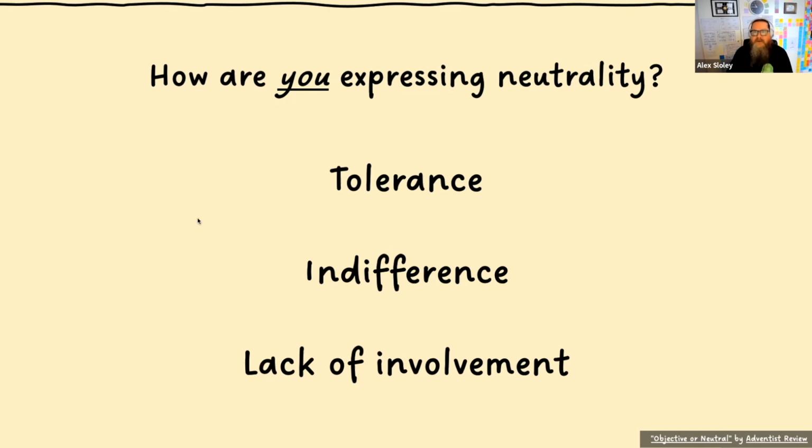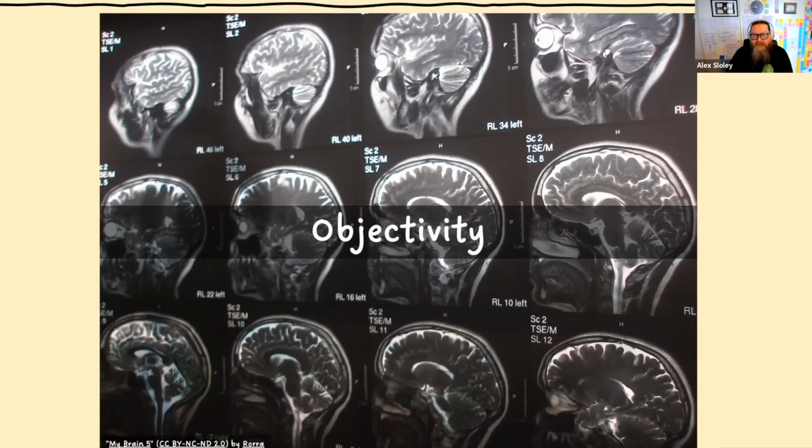Okay. So once again, neutrality. You might end up having neutrality if you're practicing ZFG. But what you're truly trying to achieve is this. Objectivity. Neutrality and objectivity are actually different. They're sometimes conflated, but they're actually different.